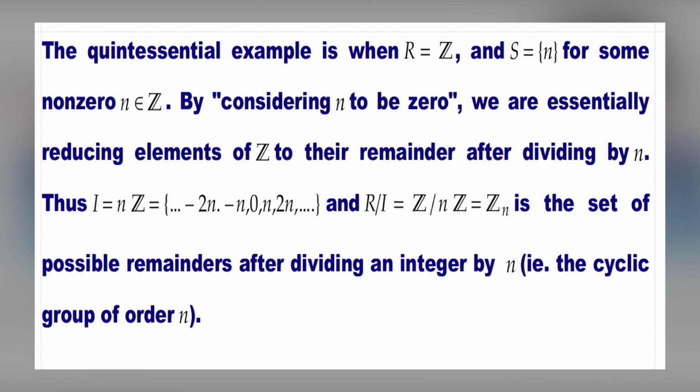Thus, I equals nZ, the set of all ..., minus 2n, minus n, 0, n, 2n, ..., and R/I equals Z/nZ, which is Z_n, the set of possible remainders after dividing an integer by n. That is the cyclic group of order n.